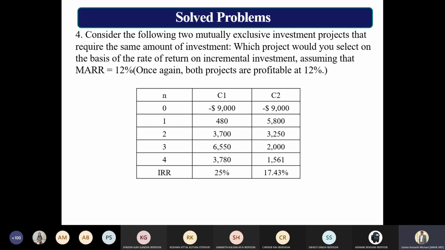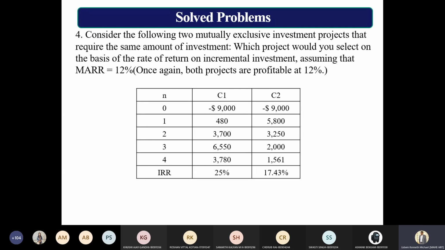But if you're going with the IRR method, selection of individual IRR, C1 has got a better IRR compared to C2, right? So in this case, since it is a different type of numerical where your investments are the same, you have to start with the subtraction, that is C1 minus C2, because alternative C1 has got a higher IRR.